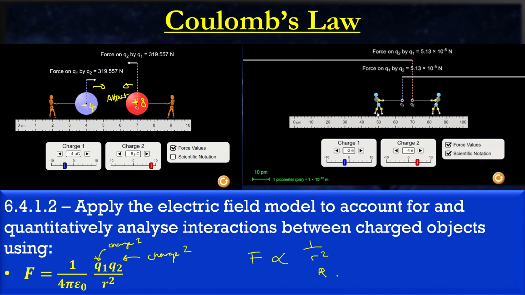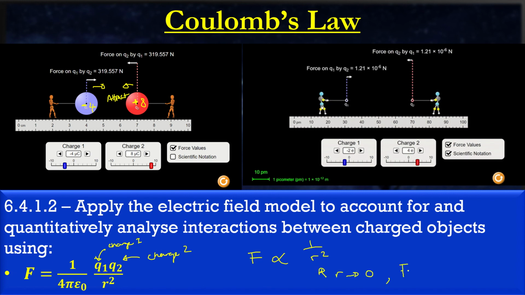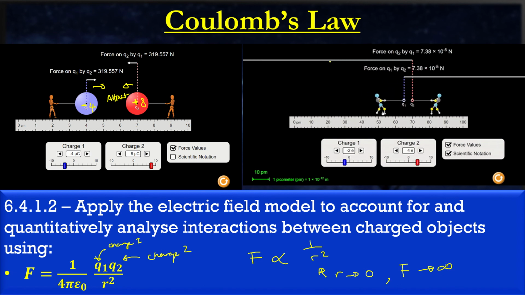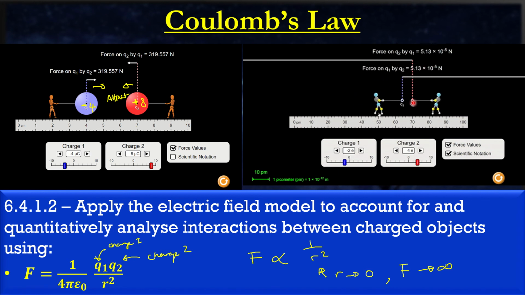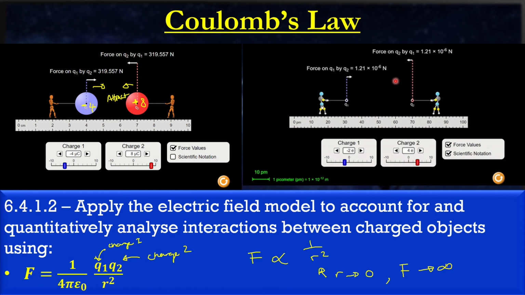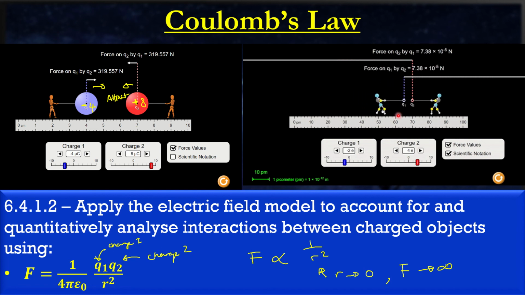Again, it means that as r approaches 0, the force approaches infinity. If you look at the animation I have up here, you can see as the objects go closer together, the force increases by an exponential amount, as you can see through the arrows there. So this is what we mean by Coulomb's law.